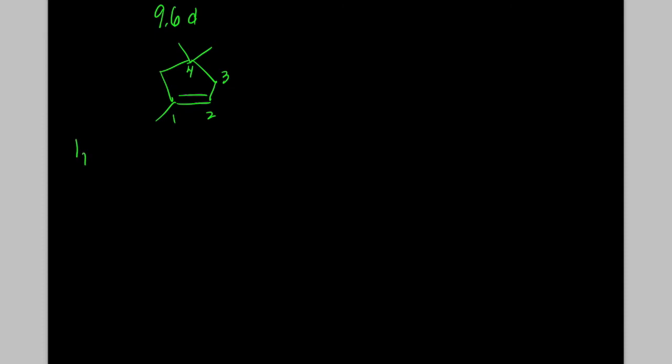This would be 1,4,4-trimethylcyclopentene. Cyclo because we have a ring, and pentene is always assumed to be carbon 1 if you have a ring, okay? So we don't need to say 1-cyclopentene.